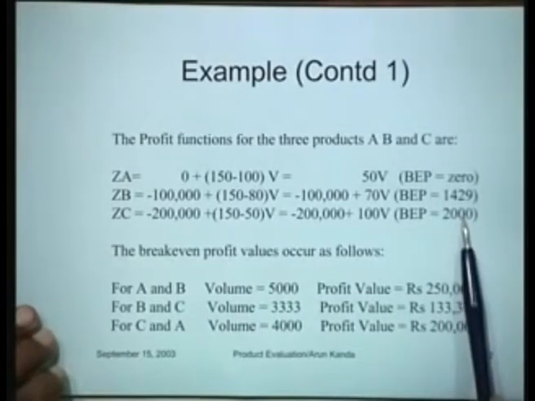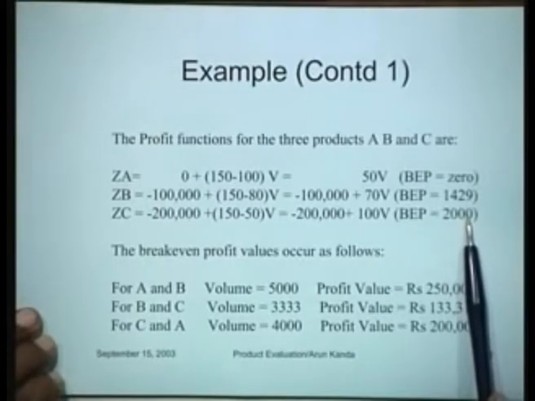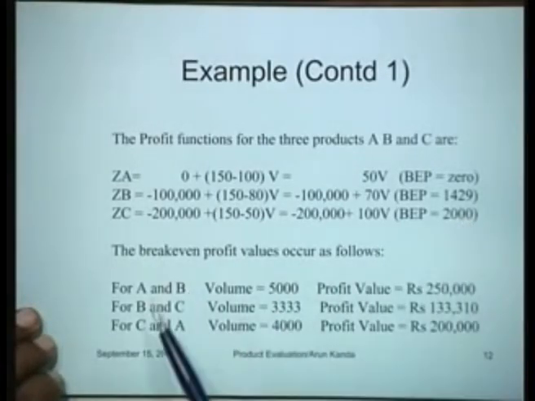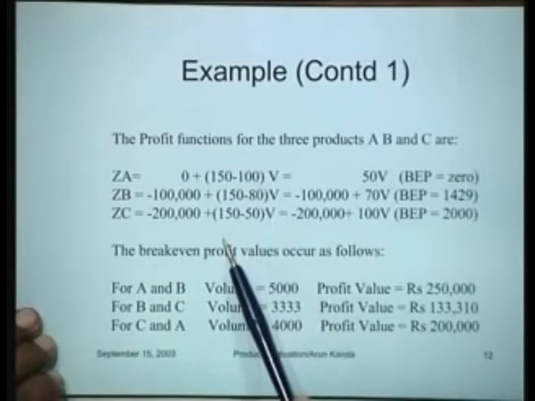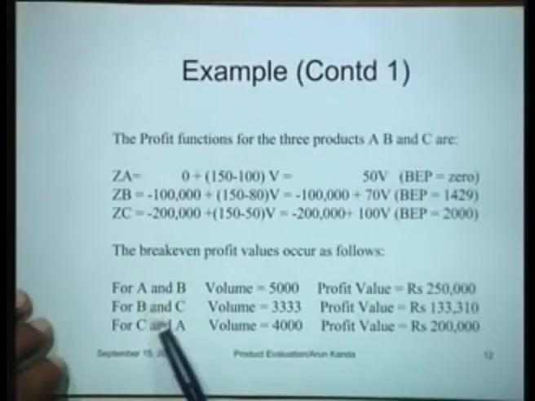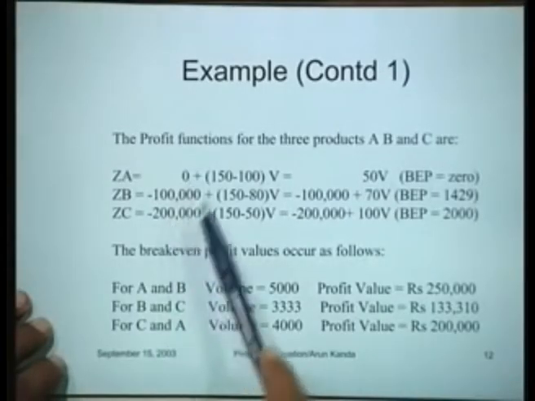Just to draw the graph more conveniently, we can perform these computations. We can find out where the break-even profit values occur. There are only 3 products, A, B and C. So for the intersection of 2 lines, there can be at most 3 possible intersections: between A and B, B and C, and C and A. We know the profit functions.